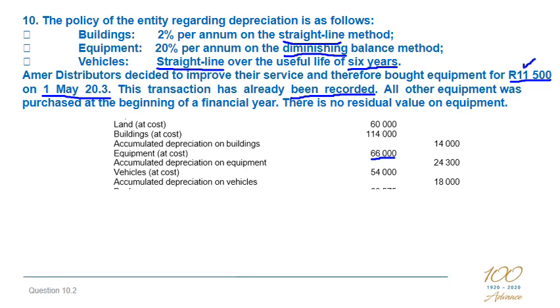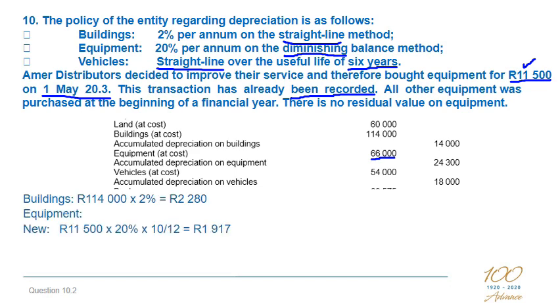The equipment amount of 66,000 already includes this 11,500. So if we do the calculation of the depreciation for equipment, we're going to have to split it into new equipment, which is the 11,500 at 20% for 10 out of the 12 months, and then go over into old equipment, which is not the 66, because remember the 66,000 was the total after the purchase of the new equipment.